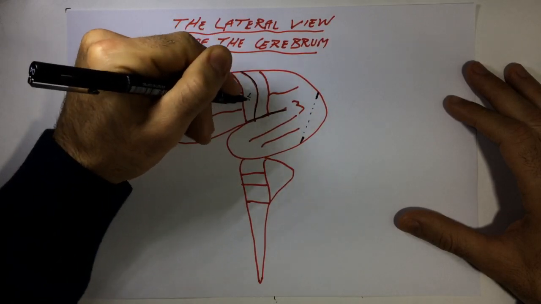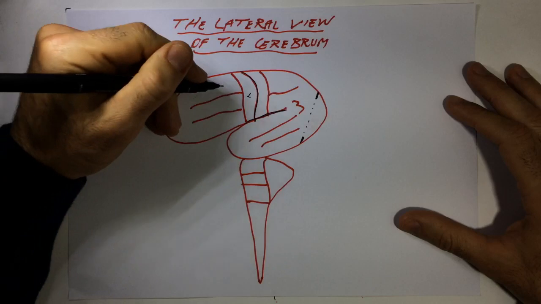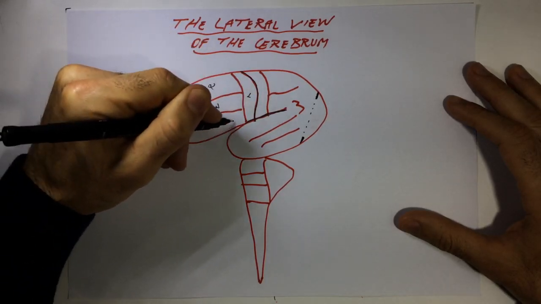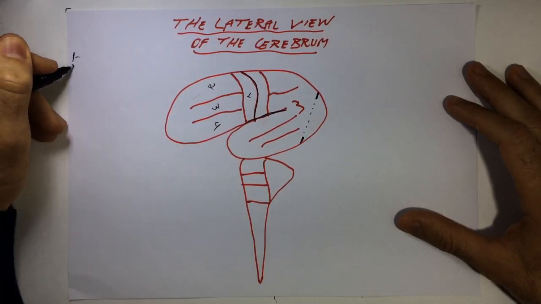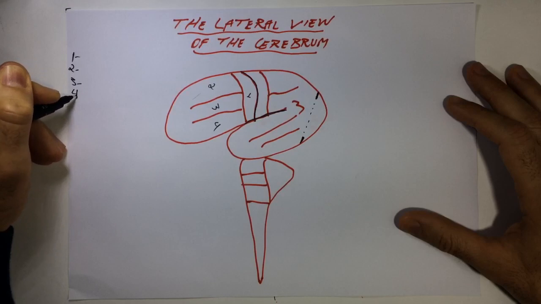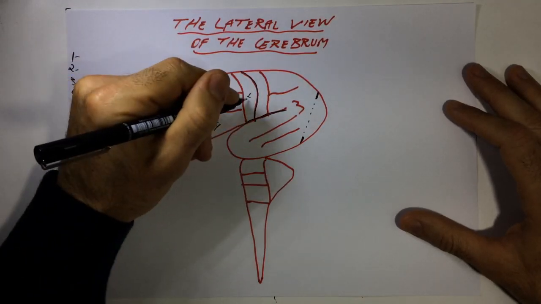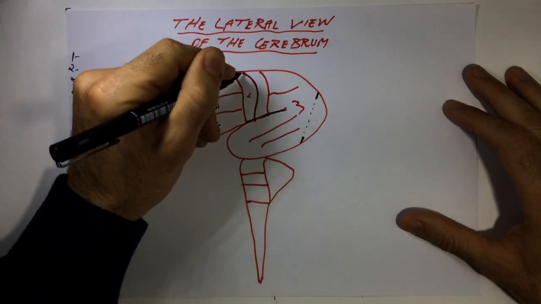So that's going to be 1. So this gyrus here, 1, 2, everything here, 3 and 4. So that's the frontal lobe. 1 is the gyrus that comes right before the central sulcus.